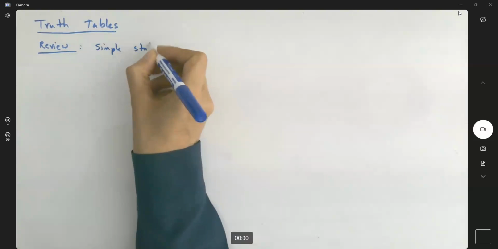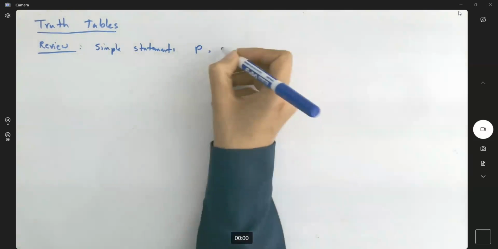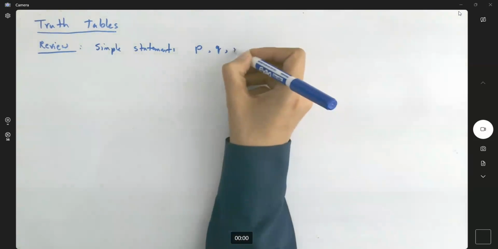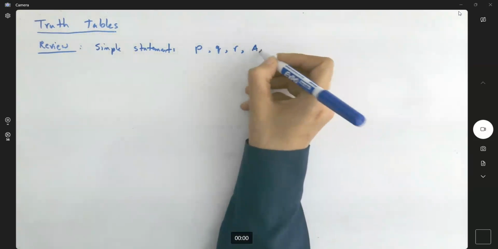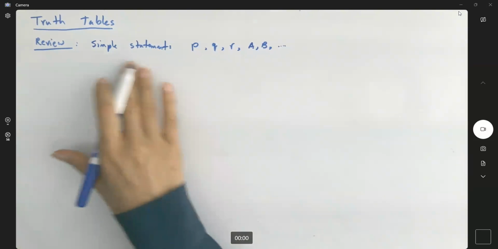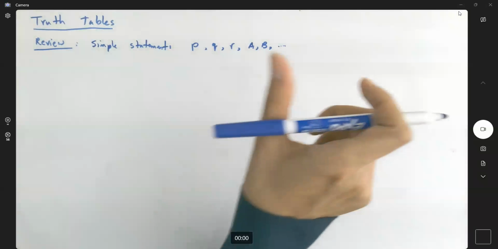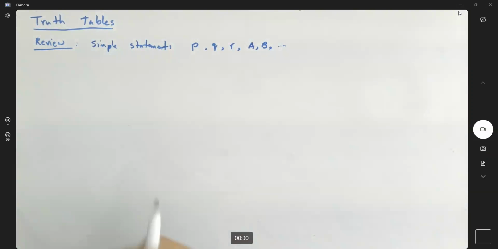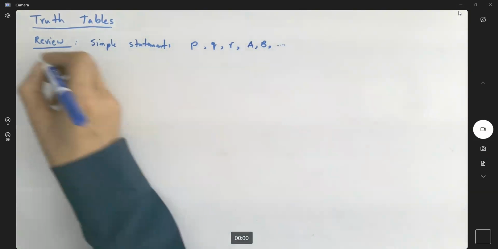Simple statements are like P, Q, R, and if you open different logic books, you might see A, B, and so on as your statements. Remember that these are simple statements, just one sentence, true or false. We are interested in combining these statements. This is what we learned so far.